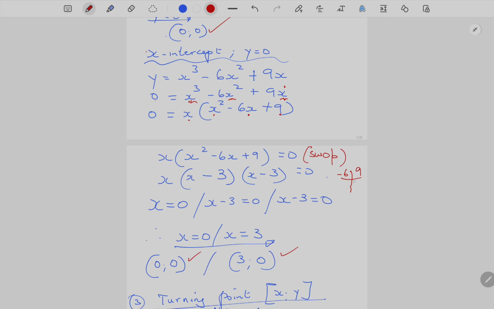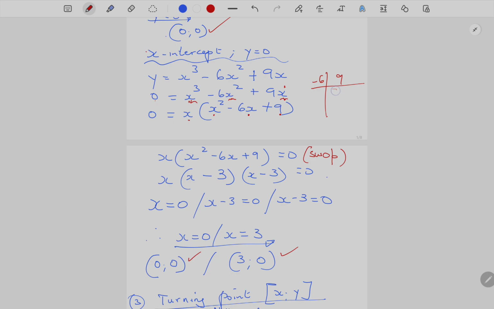But now the middle term is negative. Let me use a bigger space because this space is not enough. Let me use the top part here. We want two numbers. When we multiply, they give us 9. The same numbers when we add, they give us negative 6.